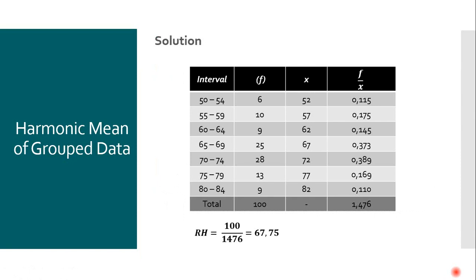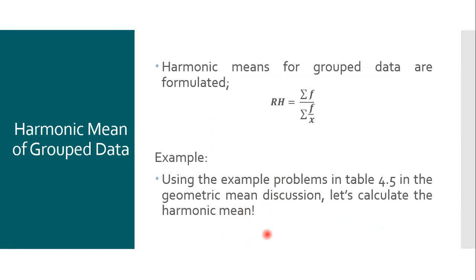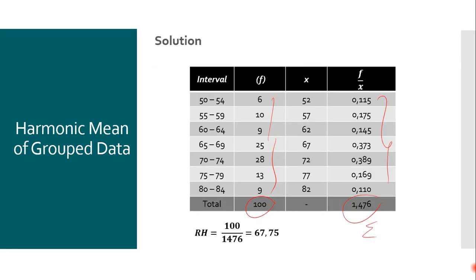And don't forget to sum all of the values for the frequency and for the f over x, so we can get the sigma. Don't forget the formula in this slide: sigma f divided by sigma f over x. So we just put the values into the formula and calculate it.